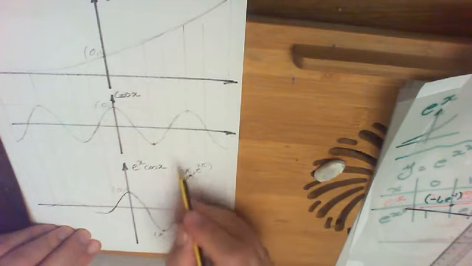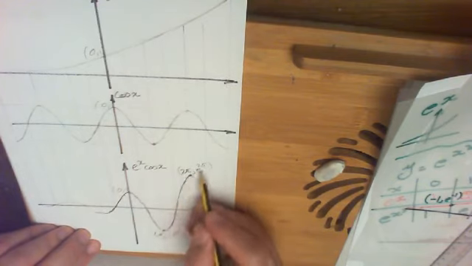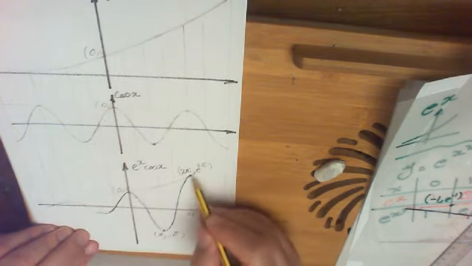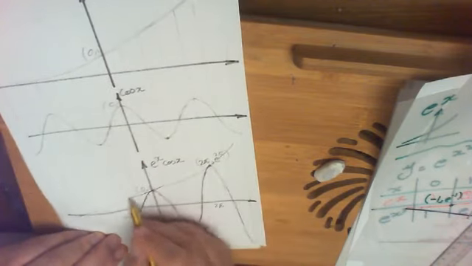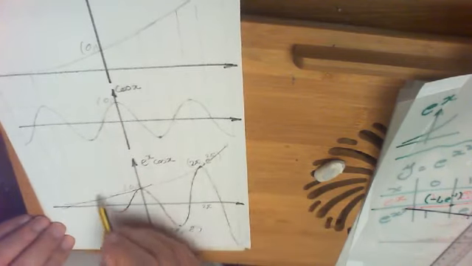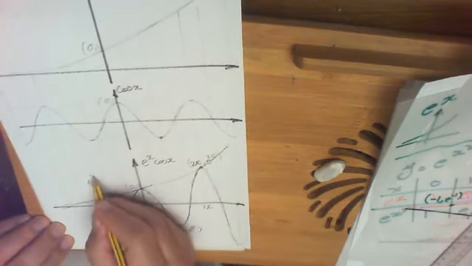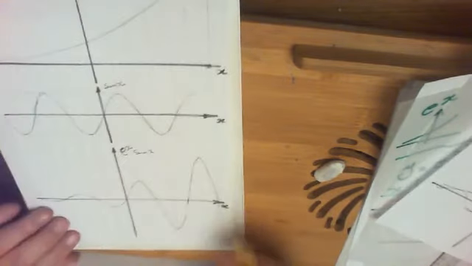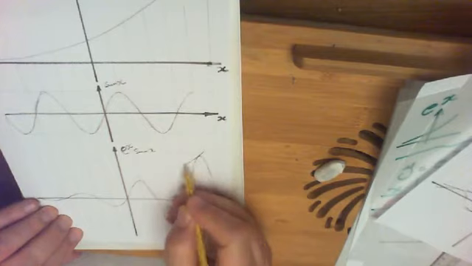Actually, the e to x touches here. E to x touches the curve here. Actually, this is e to x. Also, in case of sine, e to x touches here.